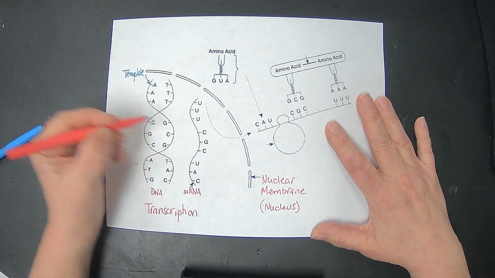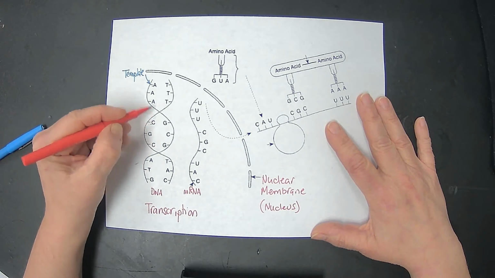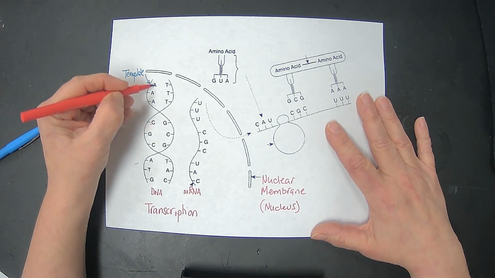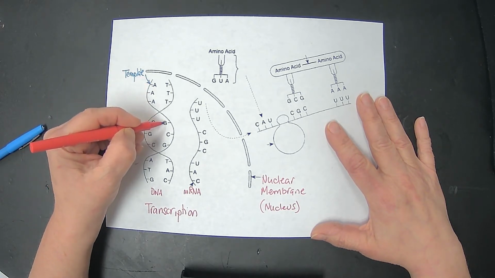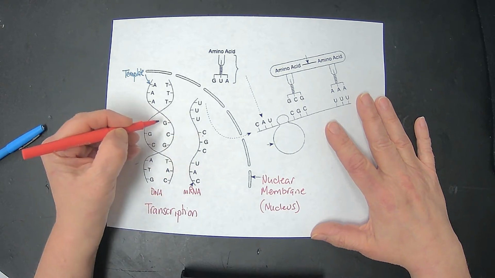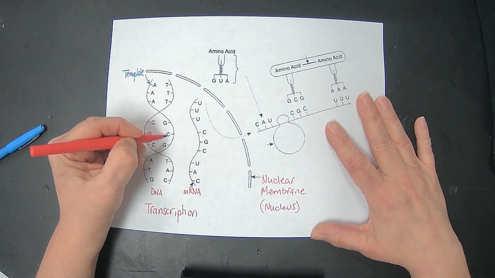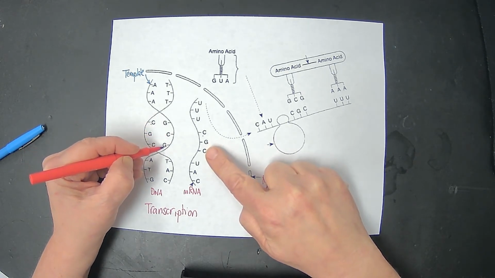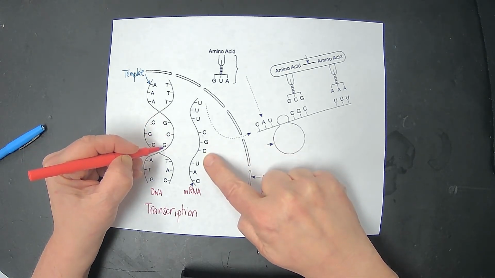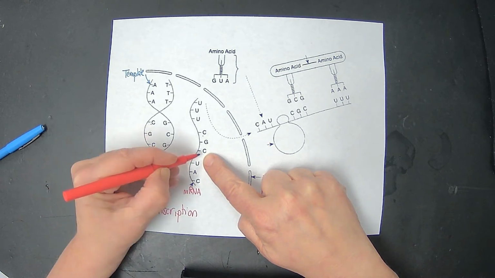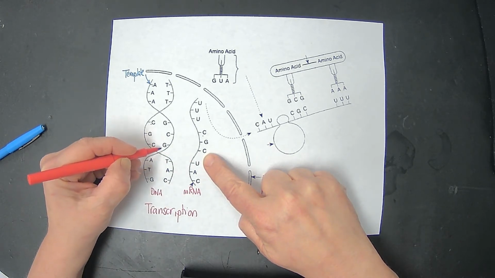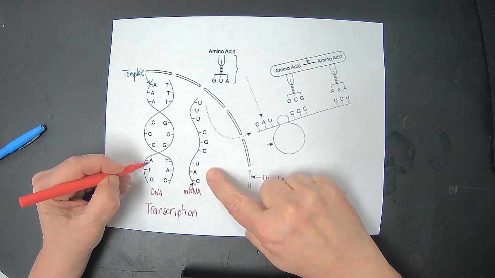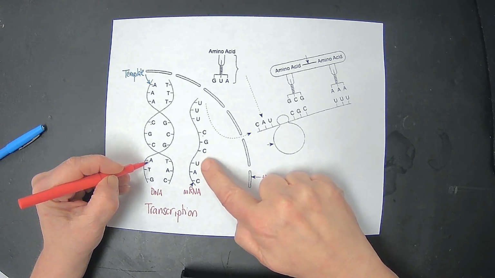I'm trying to work this out. Oh, I'm reading it the wrong side. AAA, and then the next one is G, C. Then I've got a C on the DNA, I've got a G on the messenger RNA. Then I've got a G on the DNA, and I've got a C on the messenger RNA, and then coming over to here, I've got an A. But because there's no T in messenger RNA, I have a U instead.